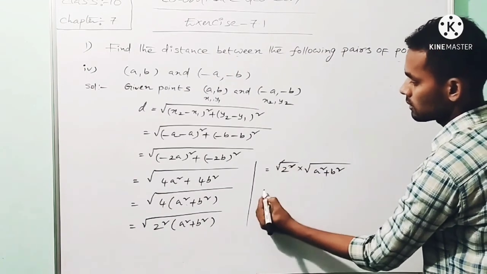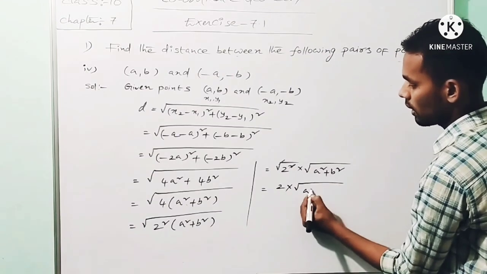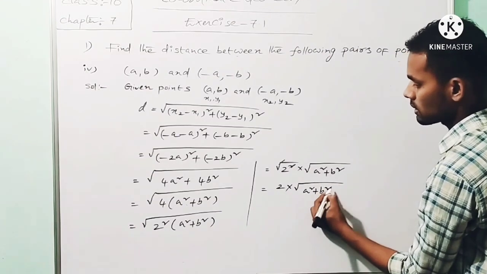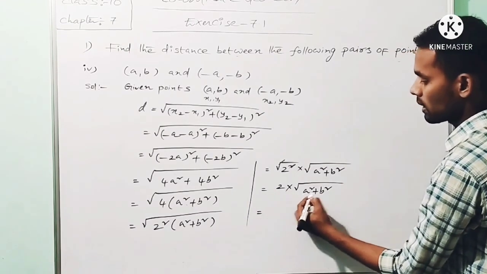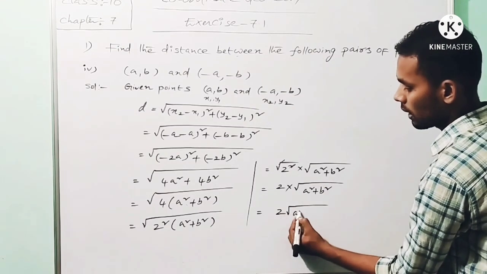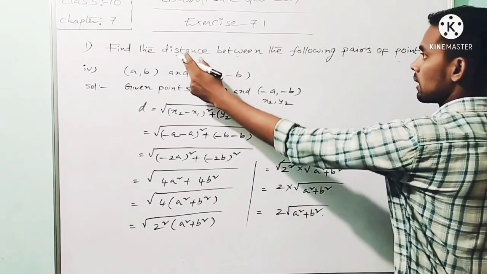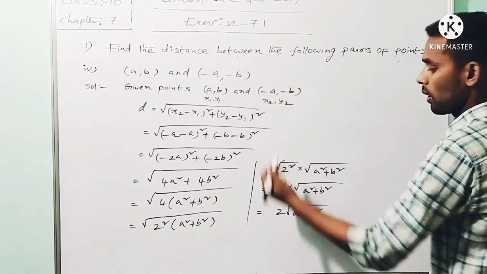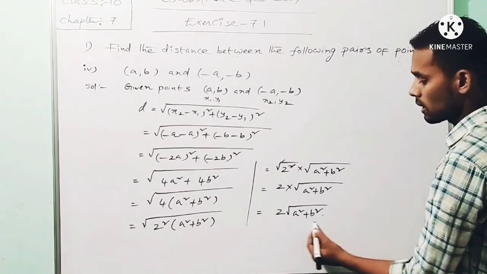Square root and square cancel, is equal to 2 square root of (a square plus b square). The distance between the 2 points is 2 square root of (a square plus b square).